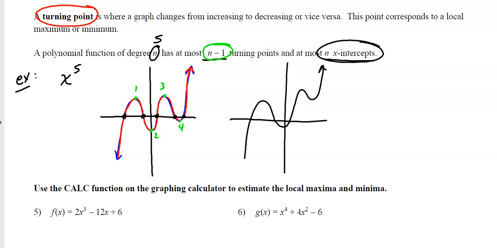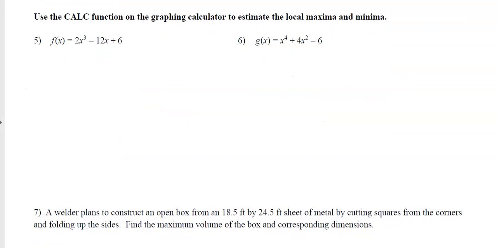So if you notice this one, it only has 3 of those x-intercepts. So just because you're an x to the 5th doesn't mean you have to have 5, because you may have some of those complex roots, some of those imaginary roots where it doesn't cross the x-axis there, but there's actually more roots.